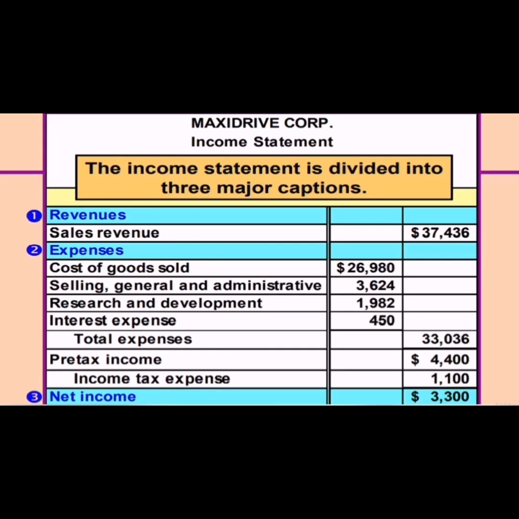Now in the second slide you will see 3 portions in blue, which give you the idea that the income statement is generally divided into 3 main sections. The first section is the revenue section, the second is the expenses section, and finally the net income or net loss section.